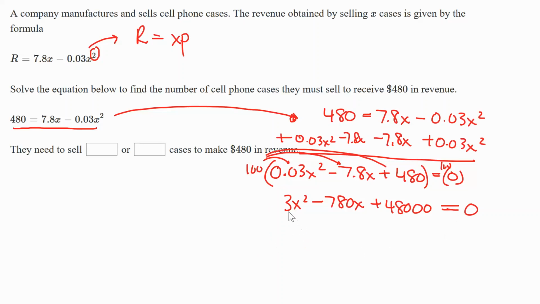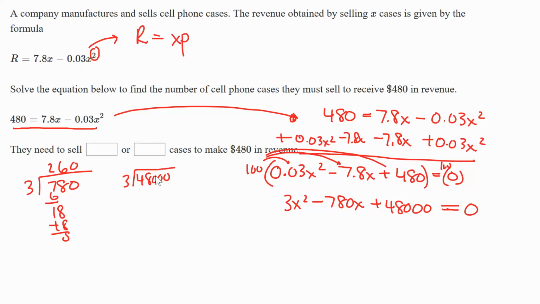Then we have to determine, does 3 go into 780? I think it does. Maybe off to the side here. Let's see, 3 into 780. 3 goes into 7 twice. That's a 6. 1 comes down. 3 goes into 18 6 times. That's exactly right. Therefore, we have another 0 on our hands. Does 3 go into 48000?